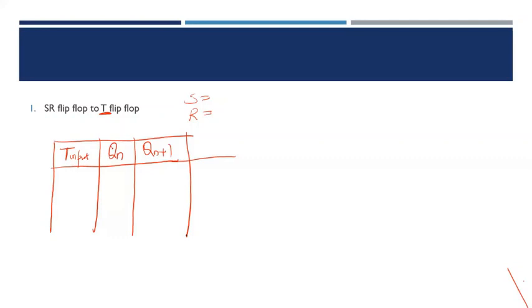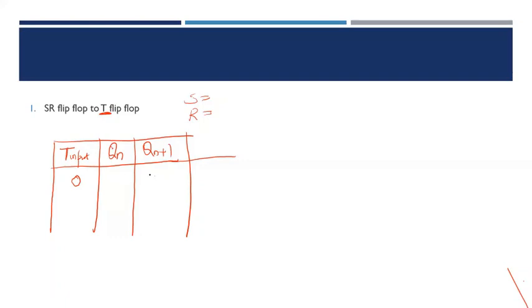T input may be 0 or 1. If T input is 0, what will be Qn plus 1? It will be exactly the same as Qn. When T input is 0, Qn plus 1 will be the same as Qn.